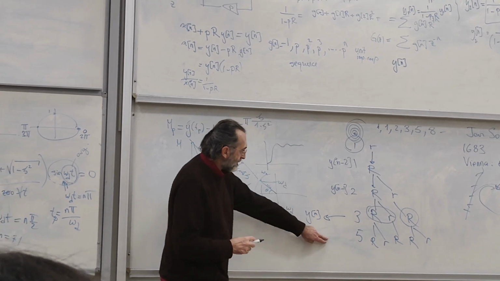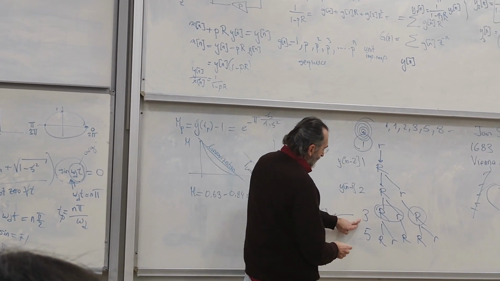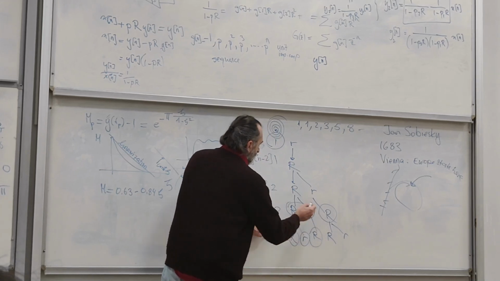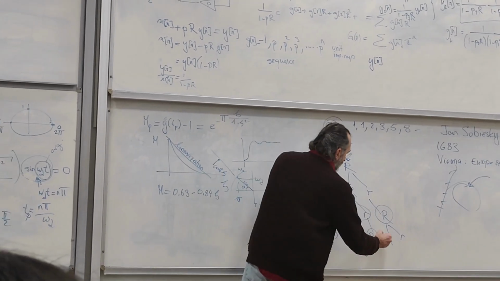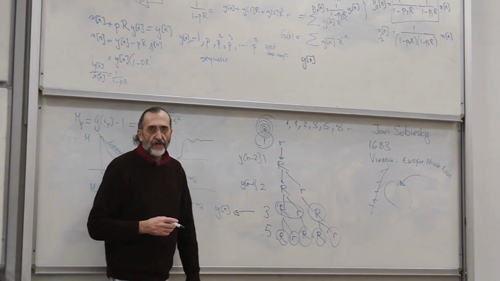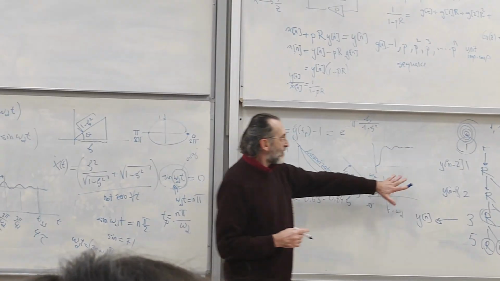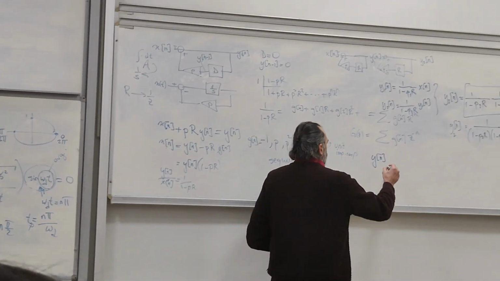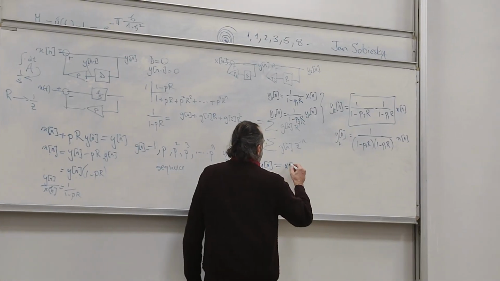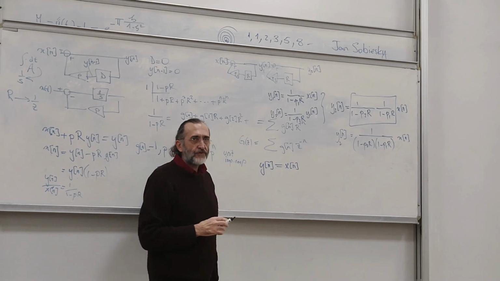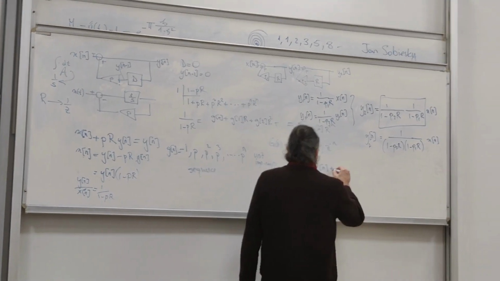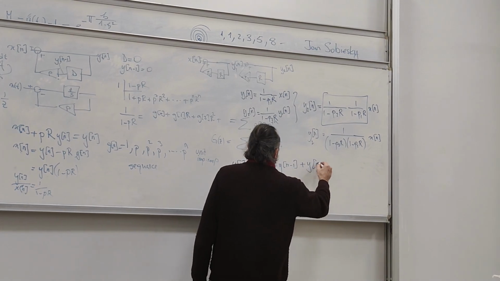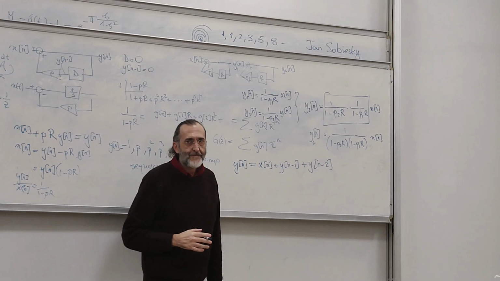So the equation is described by the following: x of n, the unit input, plus y of n minus 1 plus y of n minus 2.